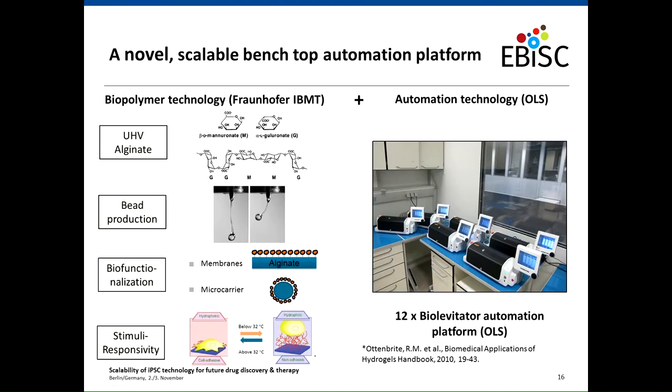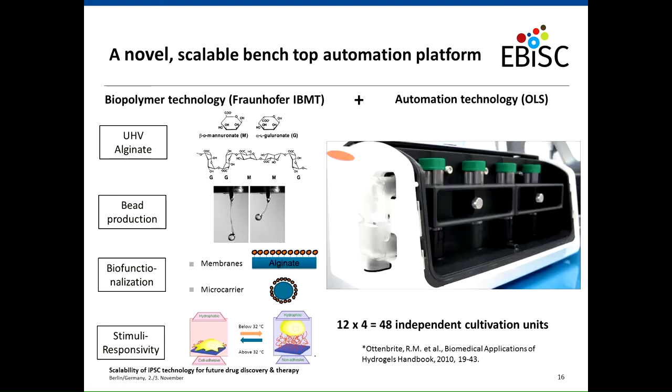And now, as automation technology, we decided on the BioLevitator automation platform from the company OLS. You can see we have in total 12 of these systems at IBMT. Here on this picture, you can see 6 of them. Inside there, you have 4 of these cultivation chambers. They look like 50 ml Falcon tubes.